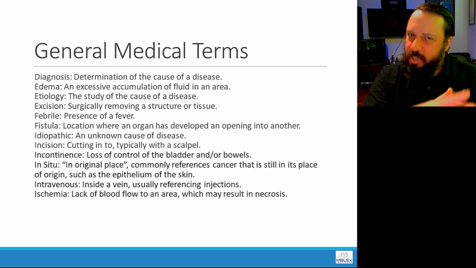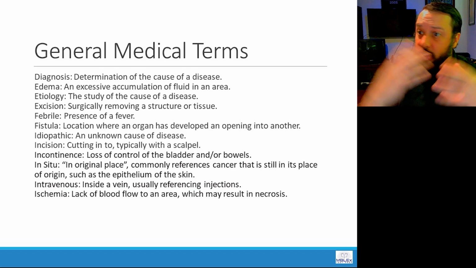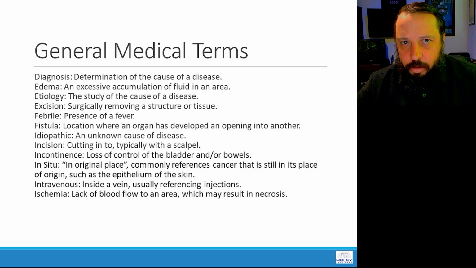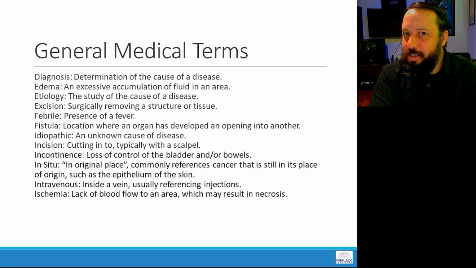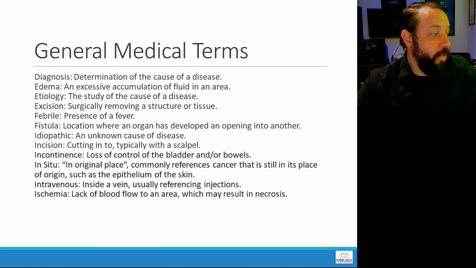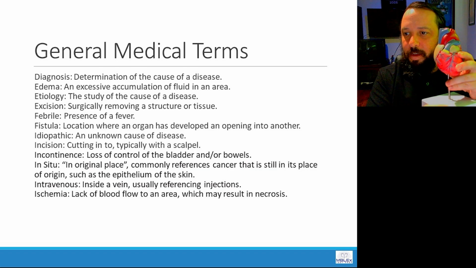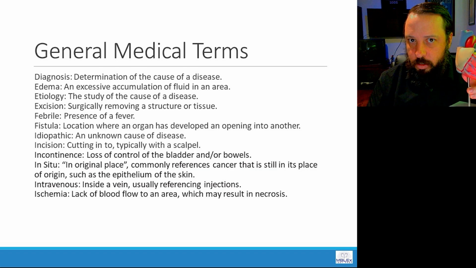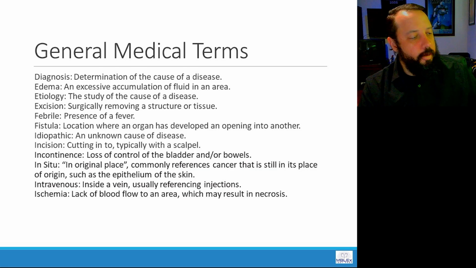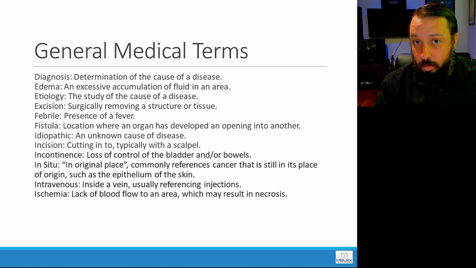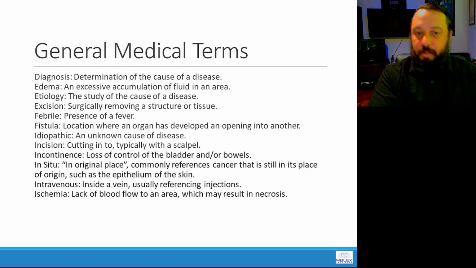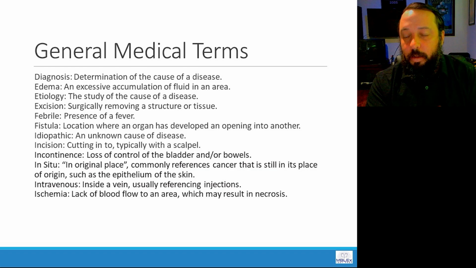If your tissues aren't getting oxygen, just like your body, then that tissue is going to die. That's what happens with decubitus ulcers. That's what can happen with the heart muscle, resulting in myocardial infarction. Too much heart muscle dying because of ischemia can cause a heart attack. So ischemia, lack of blood flow to an area, may result in necrosis.